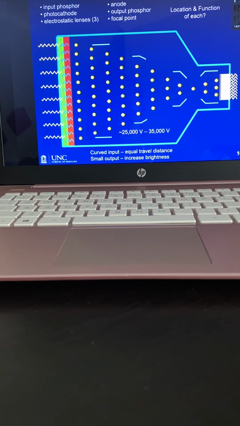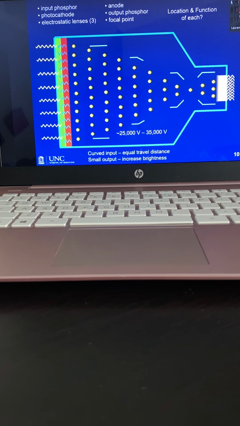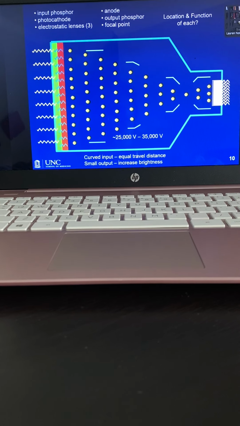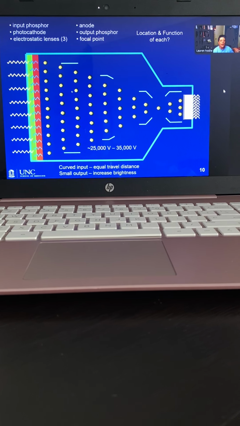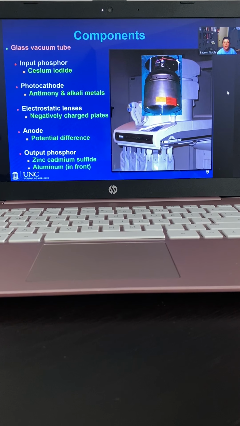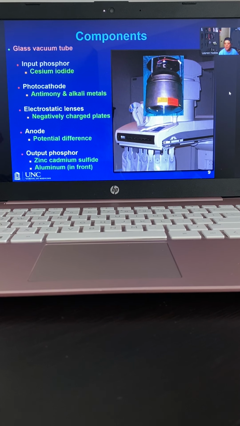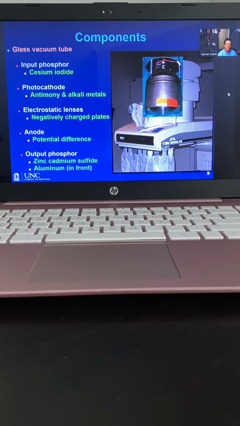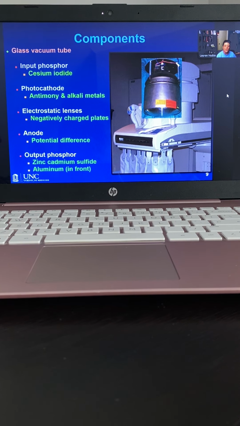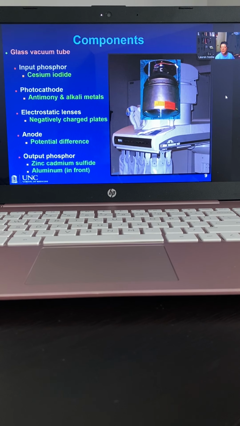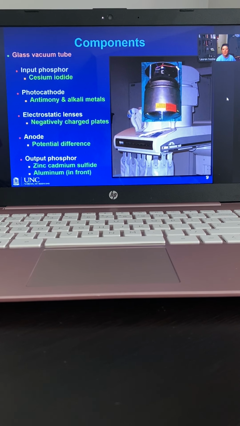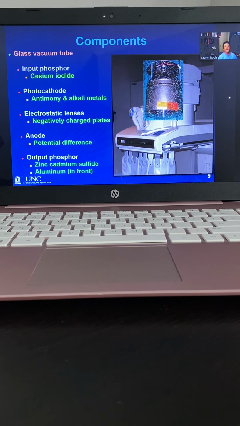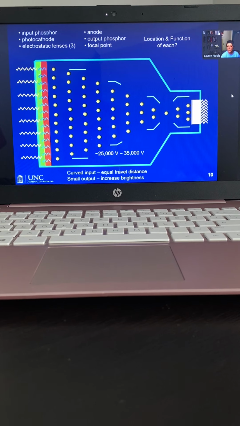All right, so we'll look at the components. First is the input phosphor. What you see in green is the input phosphor. The way this is situated, if you go back to this slide here, the input phosphor would be the first layer that the X-rays interact with. So the X-rays, the remnant beam, are coming up through this device into the image intensifier. What the input phosphor does is it takes those X-rays and converts them to light.